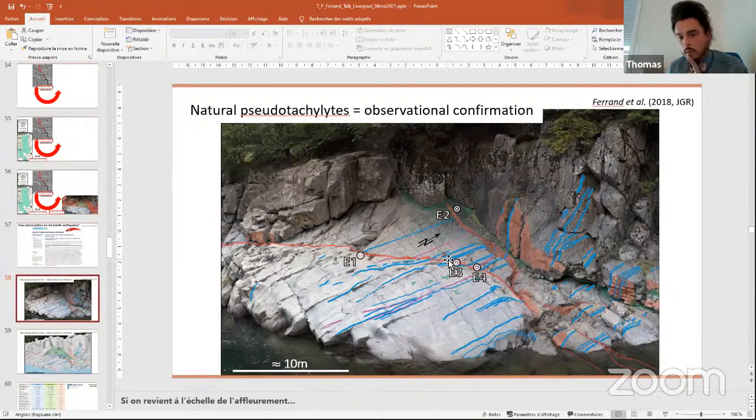And I may need you to repeat the question because there is some part I'm not sure I understood. It's important to point out for people who observe PT in the field that the thickness would be the average melt per unit fault surface, including the injections and main fault veins.